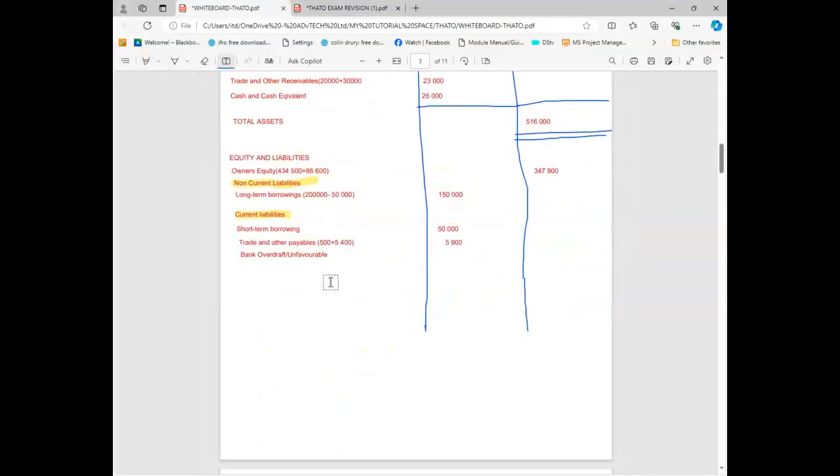So we just have to get them together, and then we find our current liabilities here. In this case, our current liability is going to be 55,000.